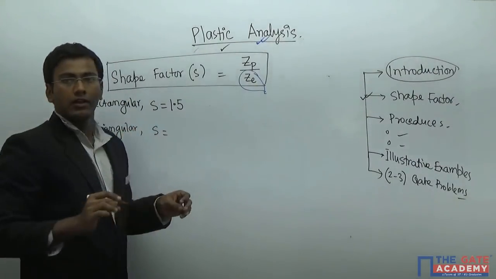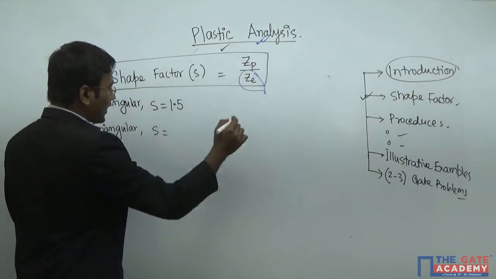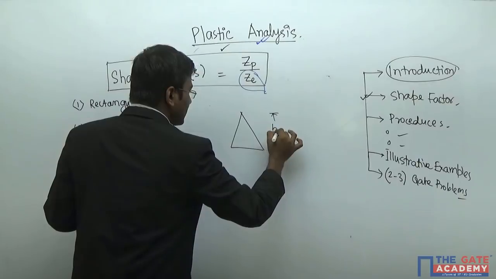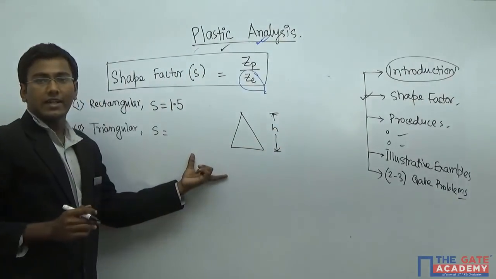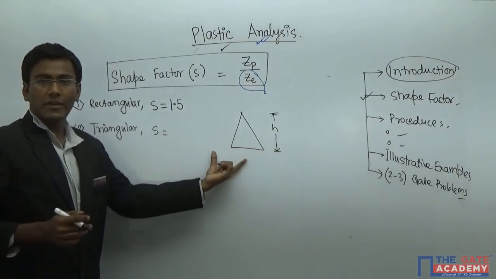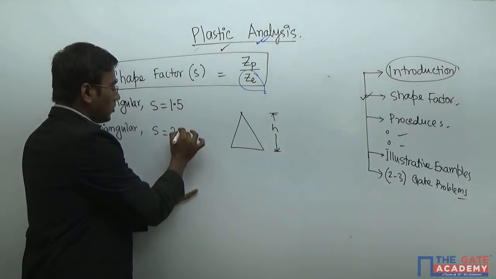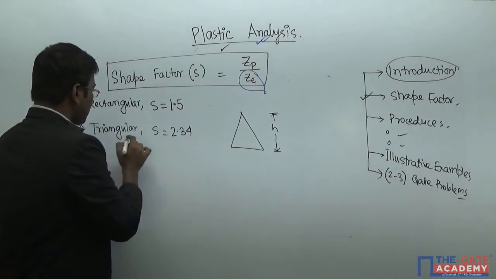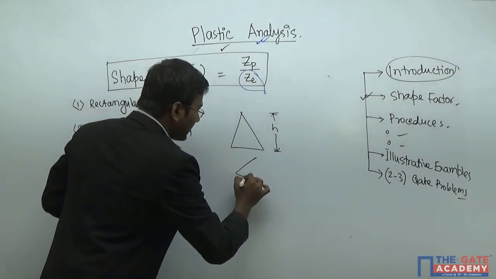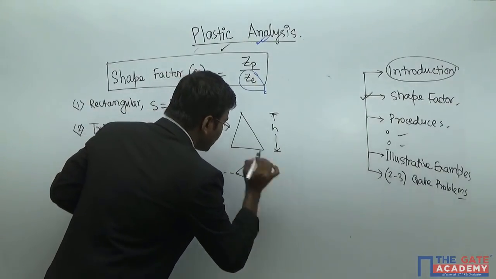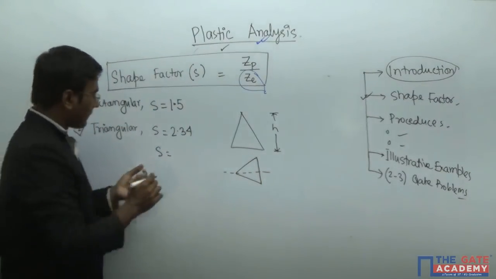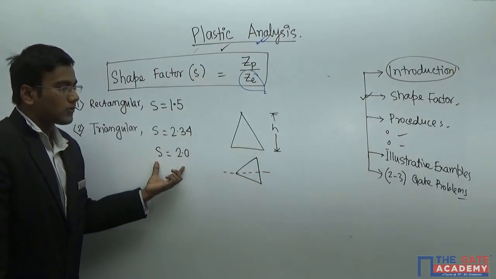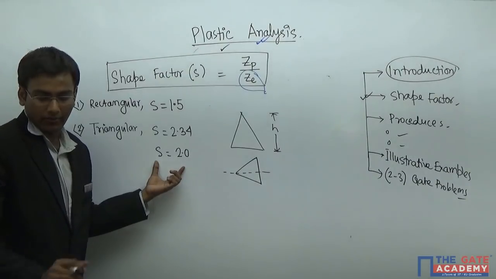Please mind it, for a triangular section, if the shape is given like this, and this is the height, then shape factor equals 2.34. And if the triangle is given like this, with the neutral axis like that, then shape factor will be 2.0. Got it? So this is a basic difference for a triangular section.